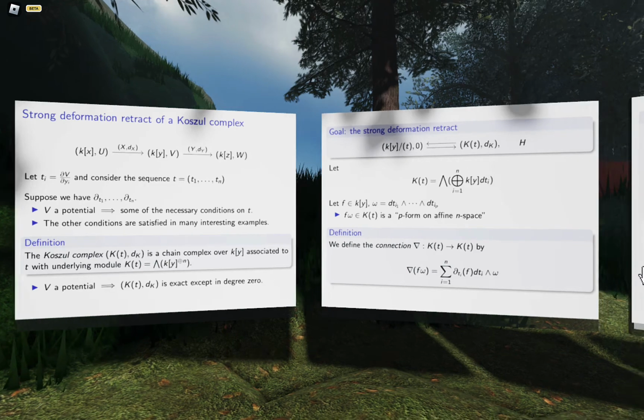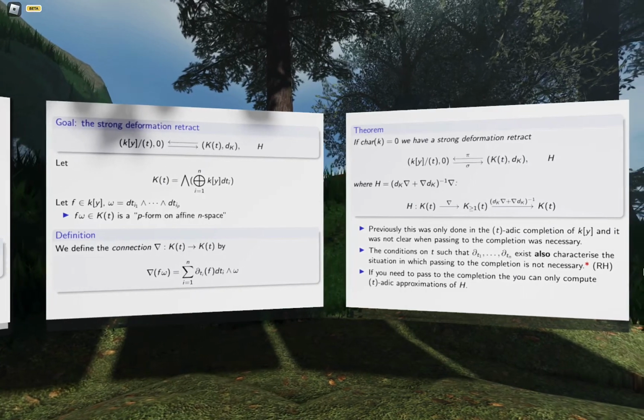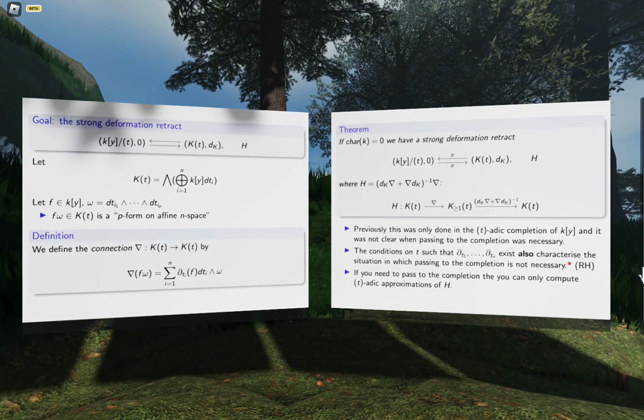Now, this means that our goal is to produce the following strong deformation retract. So because this causal complex is exact in degree 0, its homology is just KY mod T concentrated in degree 0. And we want to produce this strong deformation retract. So we're going to denote the generators of this causal complex by certain symbols dt_i.